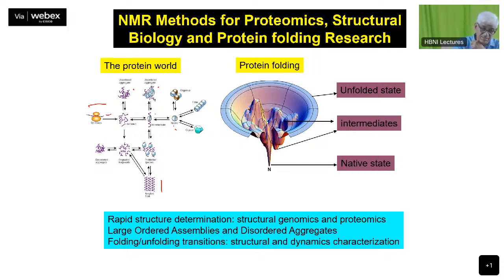And the native state is the folded state, which you all know, and they are responsible for biological functions by and large. Now, this native state can also form an oligomer, and this happens in many situations. Many proteins self-assemble to form an oligomer. All of the chaperones, for example, are a classic example of that.